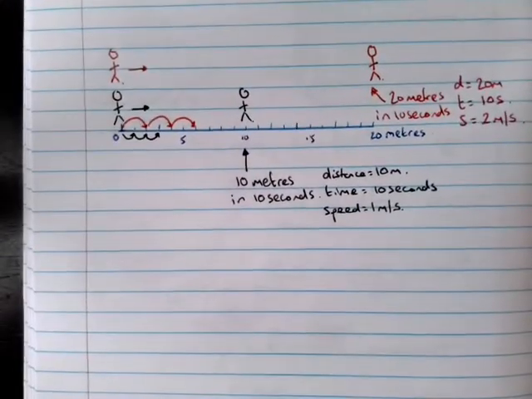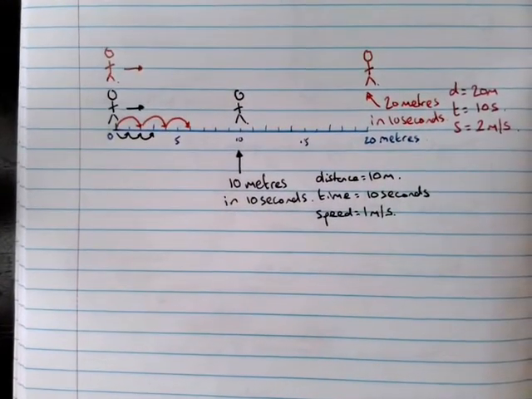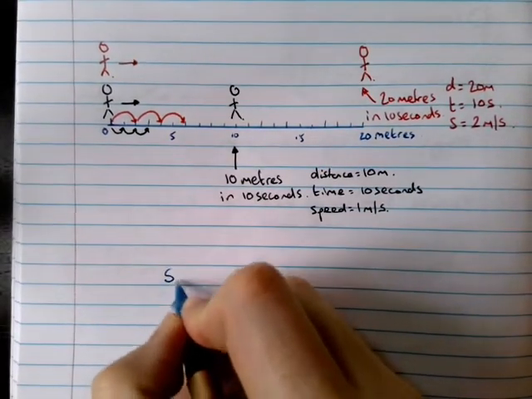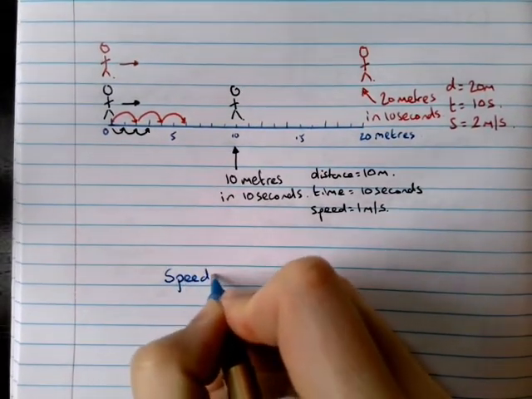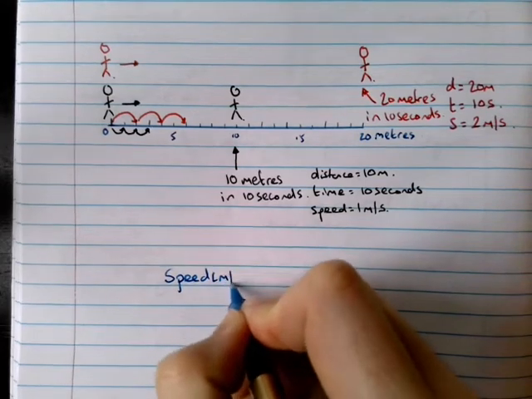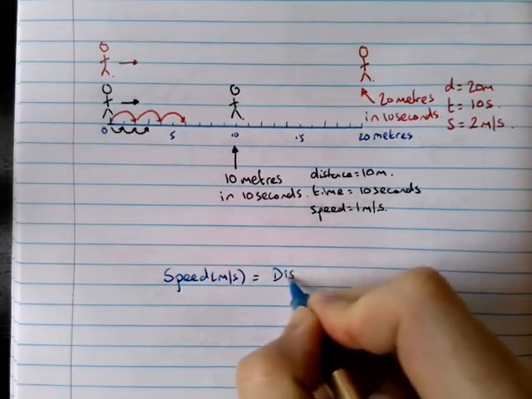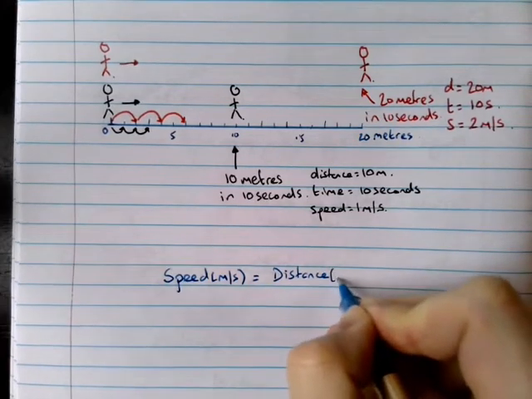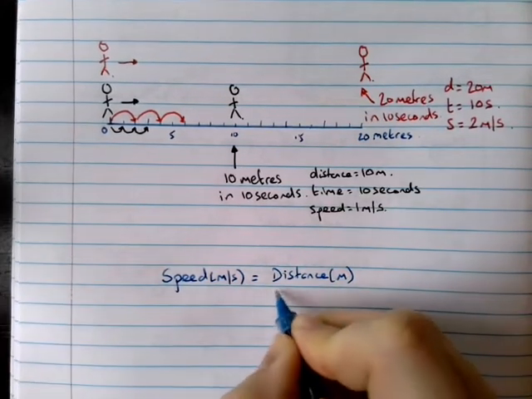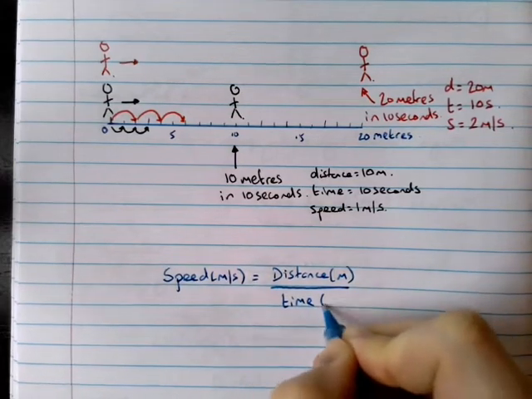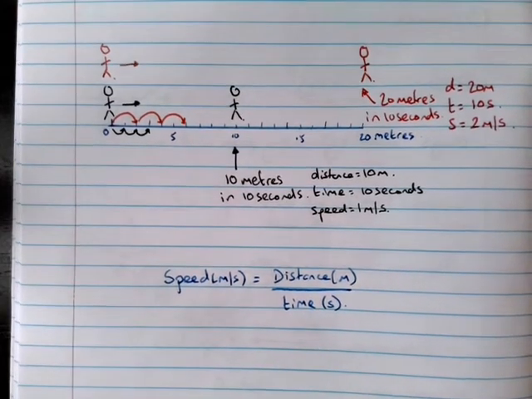And the way that we do it is, in general, we use the equation speed in meters per second equals distance in meters divided by time in seconds.